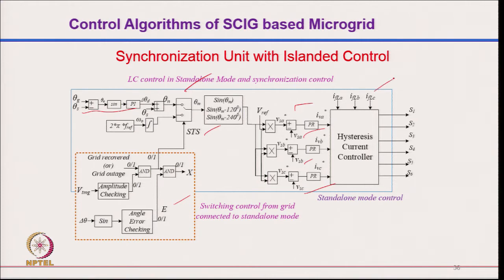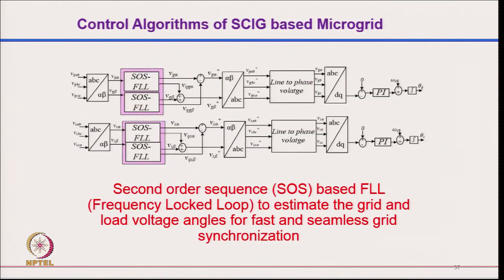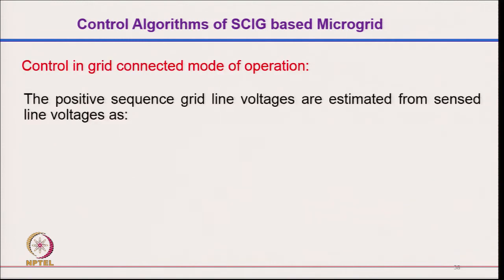You have the local load current, and you are able to switch this converter while still maintaining the voltage and frequency across the load. Even when the grid side voltages are distorted, you are still able to get the filtered voltage, and then you use it for control purposes. So, we can call it control of grid mode operation.